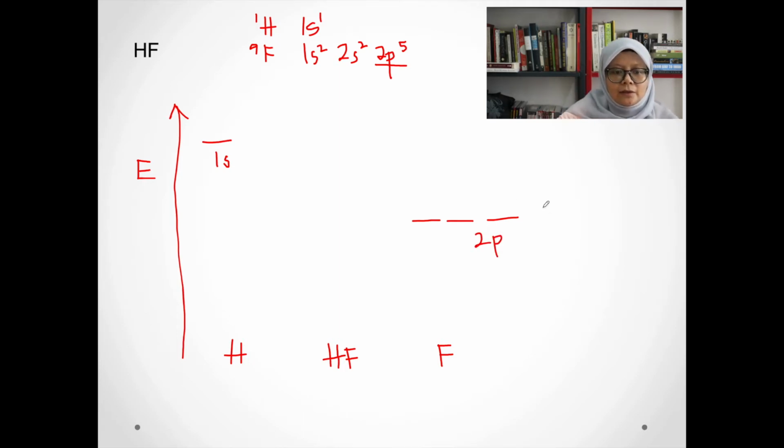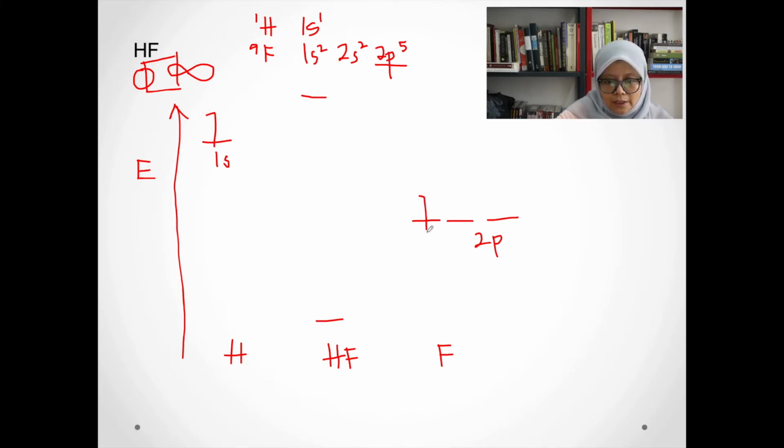You also need to know that the shape of the hydrogen orbital is a circle, while fluorine is from the p group, so it has lobes. So it is actually the interaction or overlapping between the s and p orbitals. So you need to have one electron here for the 1s, while for fluorine we have 5.